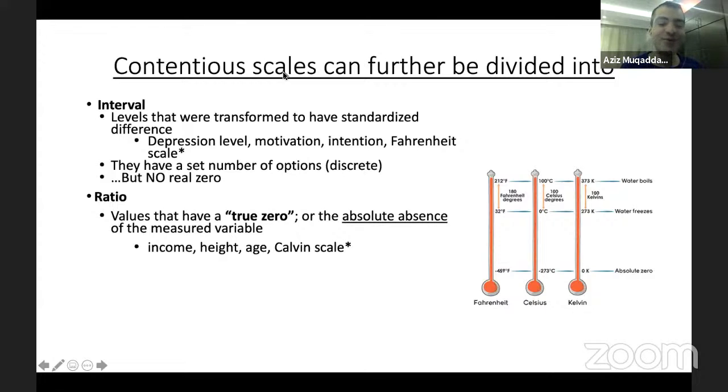We feel very cold, but we don't freeze at zero. So that zero for Celsius doesn't mean heat or warmth disappeared. It was just conveniently put there to mark when water freezes, and 100 when water boils, right? And countries that use the metric system like to have a 0 to 100 range. It's more convenient, but that 0 is totally arbitrary.